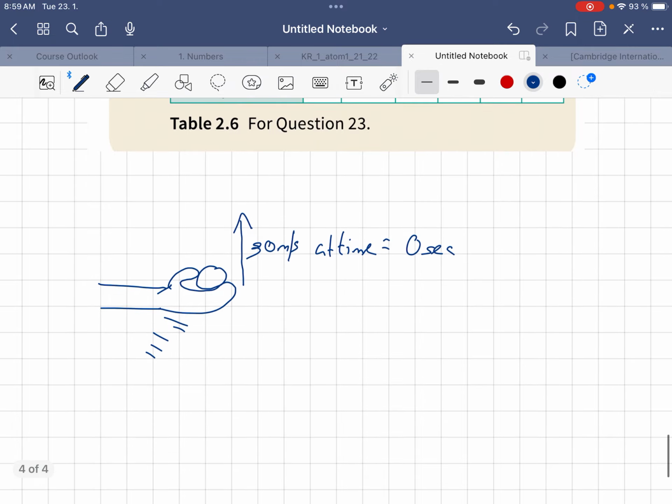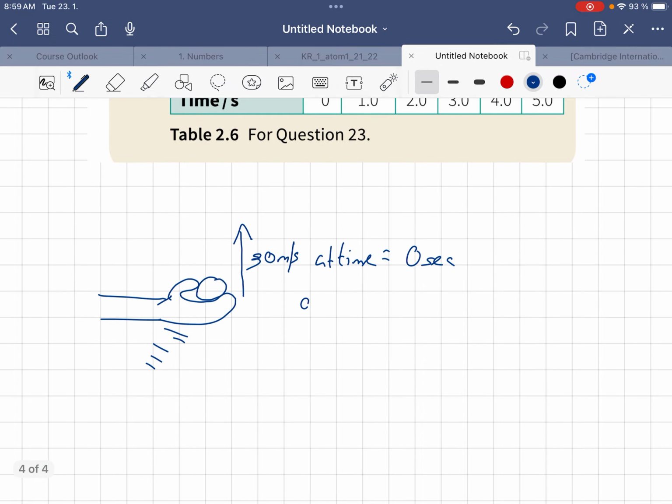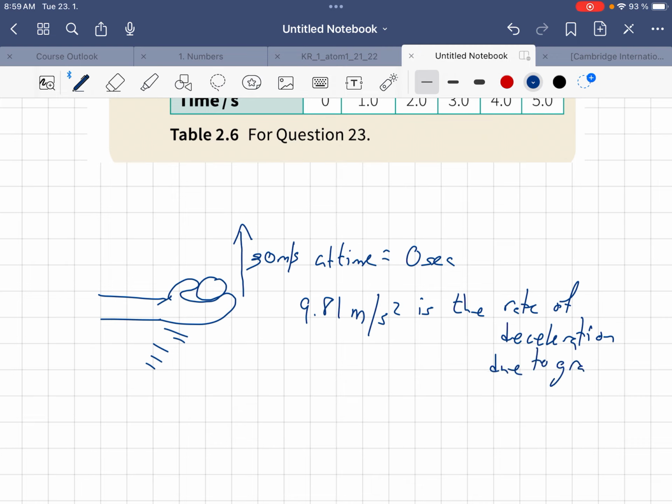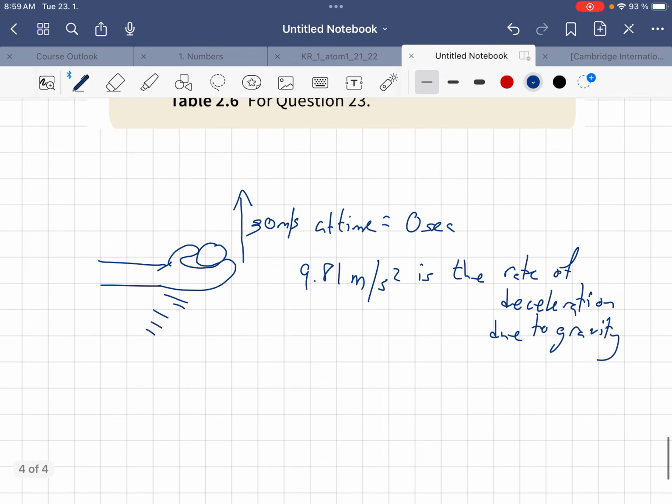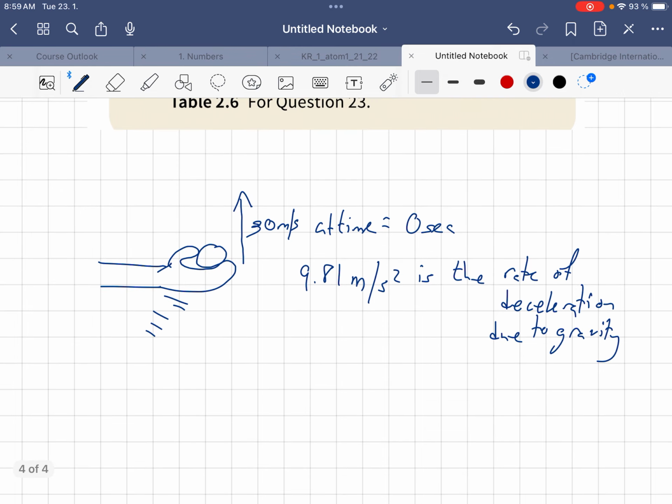So we can say that 9.81 meters per second squared is the rate of deceleration due to gravity. Of course, when I say deceleration, I mean in relation to the direction of the ball, because the ball is going upwards and gravity is pulling it downwards.